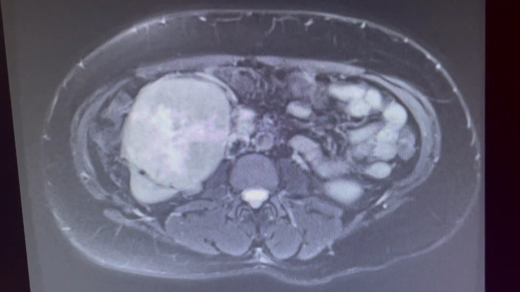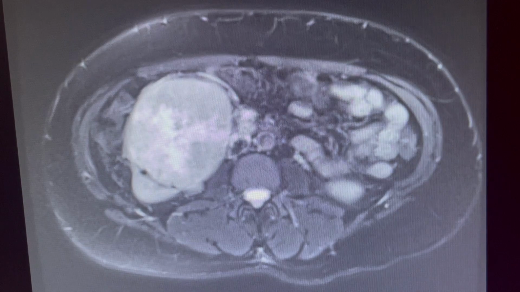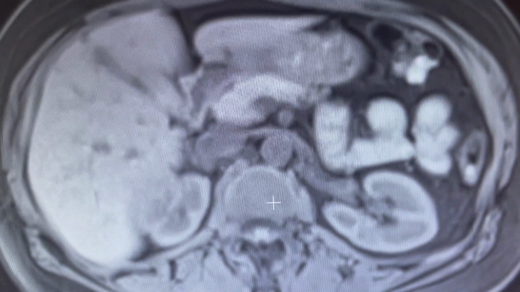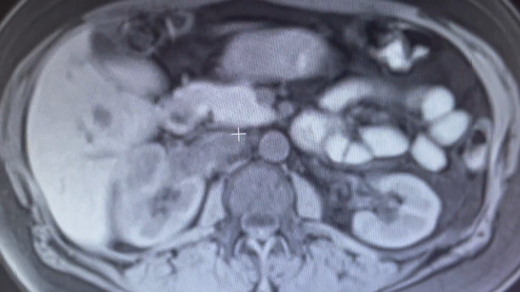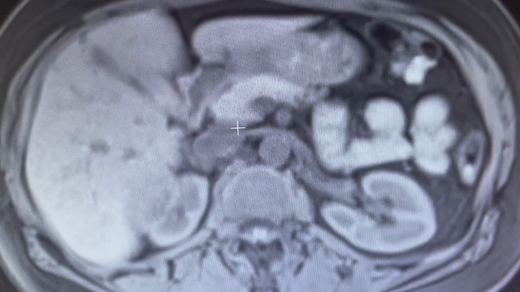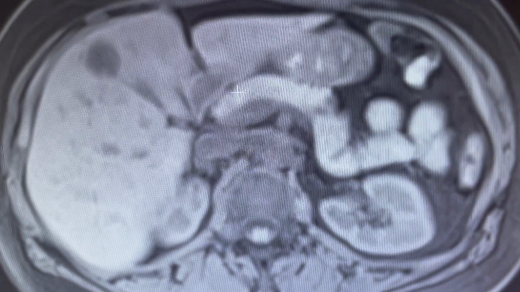So the next set of images I'm going to show you are the non-contrast T1 weighted fat suppressed images. I want to draw your attention to the pancreas. This is the head of the pancreas, and the pancreas itself looks very good. This is the body of the pancreas coming across.